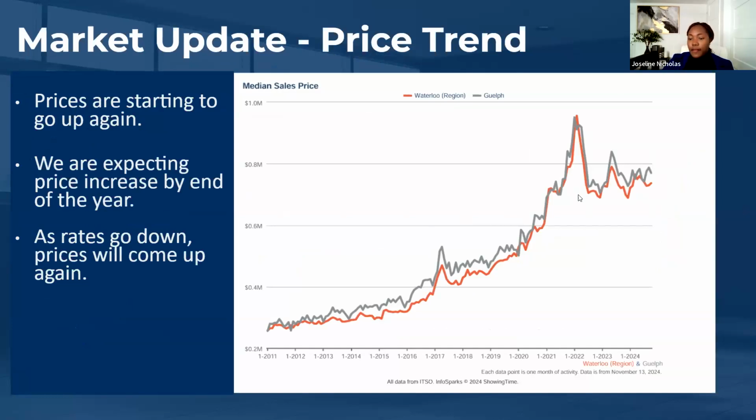It started with the height of the market in 2022, and then prices, of course, went down as rates came up. And we've now seen an up and down scenario where as rates come down, people get excited to come back in the market, but then with what's happening with our economy, people are scared. So we've seen a fluctuation.